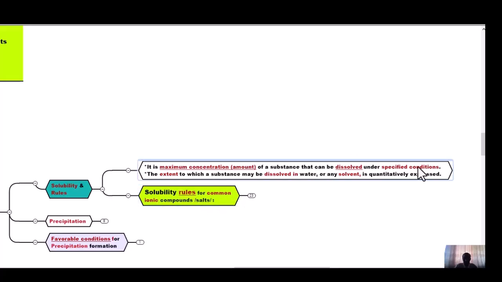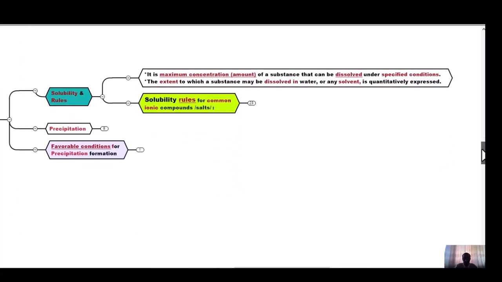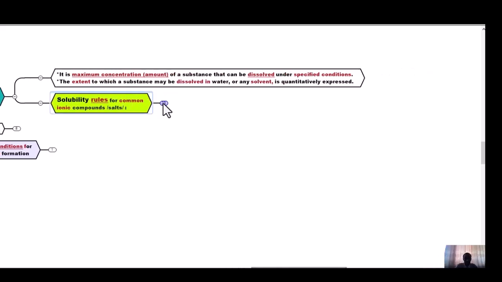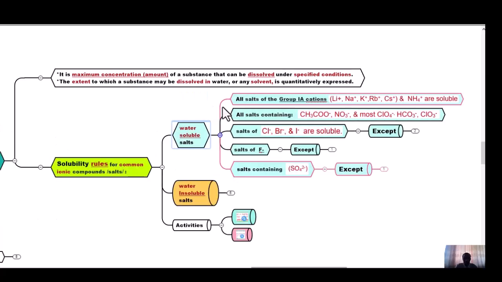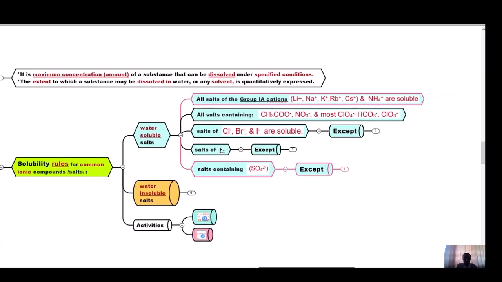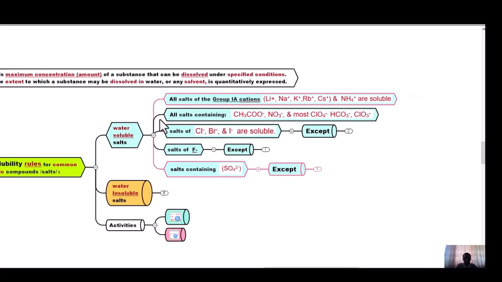So, solubility rules. There are some rules that determine the solubility. One, solubility for common ionic compounds: water soluble salts and water insoluble salts. For water soluble salts, the rules include: 1.